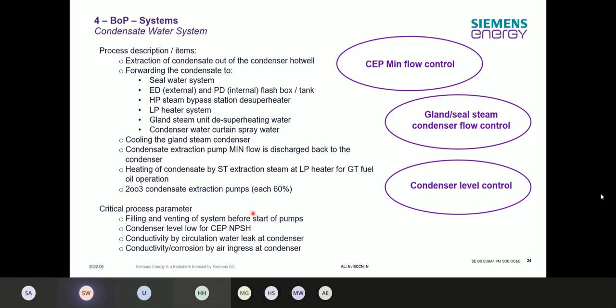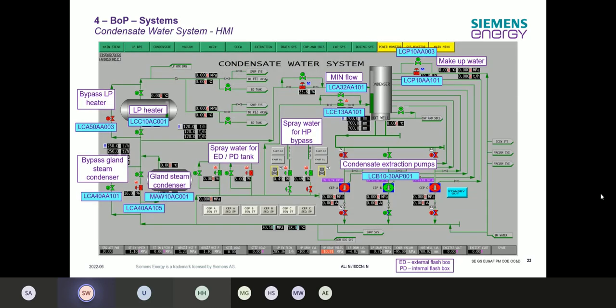Is there a limit for NPSH that we can operate a pump? Yes. The value I cannot tell you. I can check if there's something in the documentation, but for sure for the pump, when you go into the logic, there's an NPSH value at which the pump gets operation ready or enable operation.